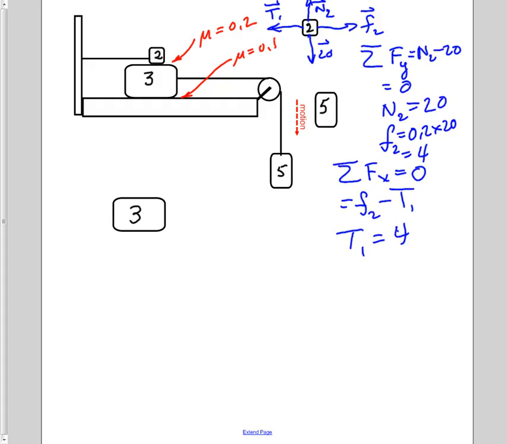Okay, I see that I have not chosen where to put these things very well, so let me just move this guy down to here.